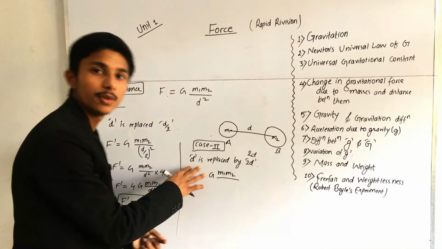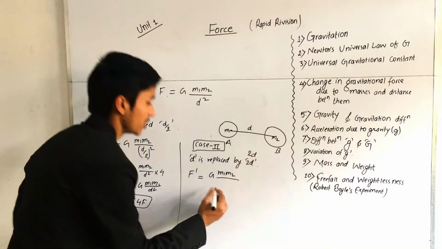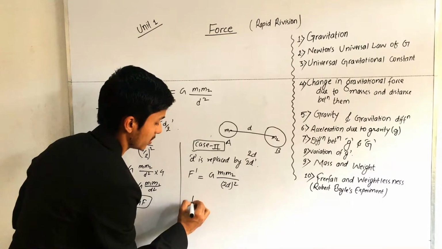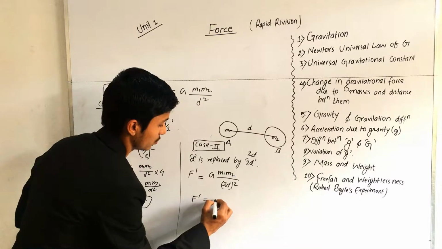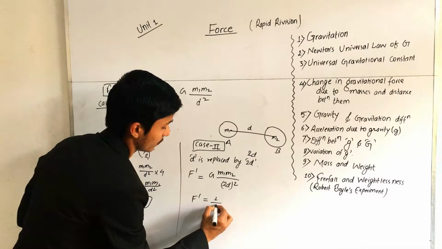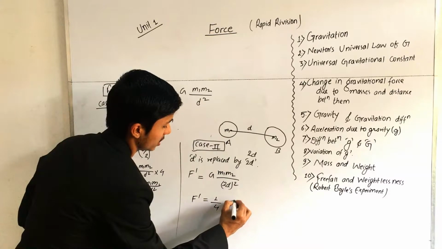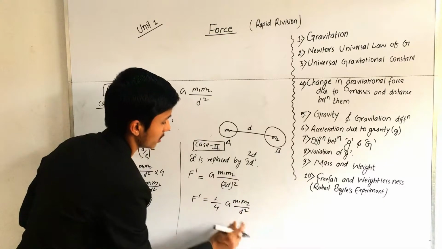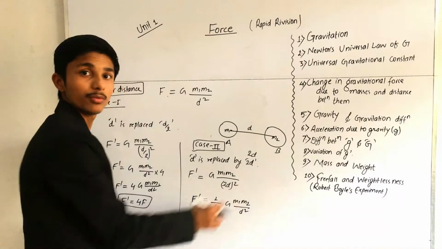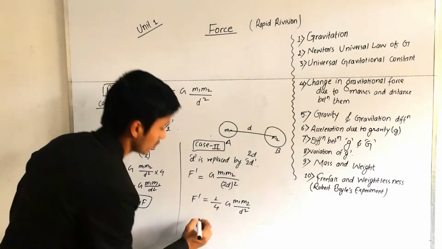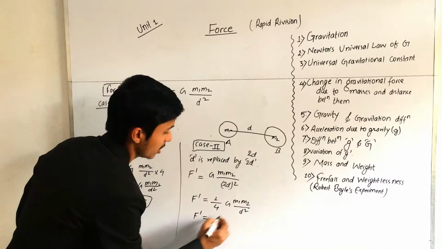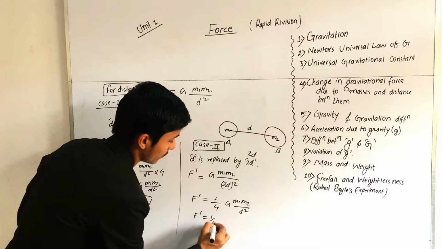So instead of D, we write here 2D whole square. It means F is equal to 1 by 4 of G M1 M2 by D square. Square of 2 will be 4 and square of D will be D square. It means F, the force after variation in distance, is 1 by 4.